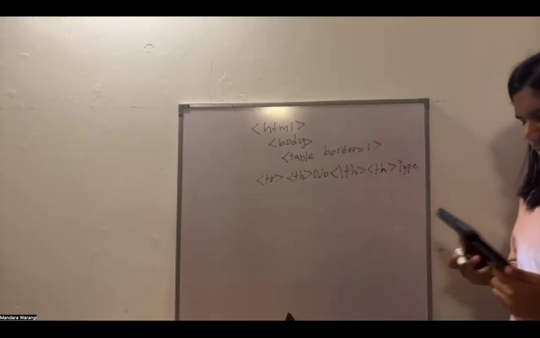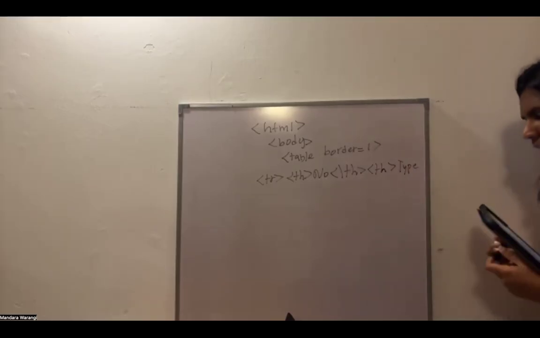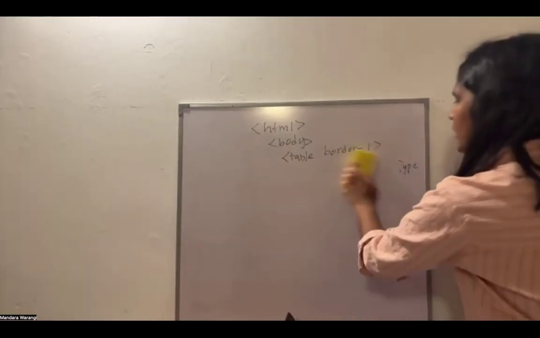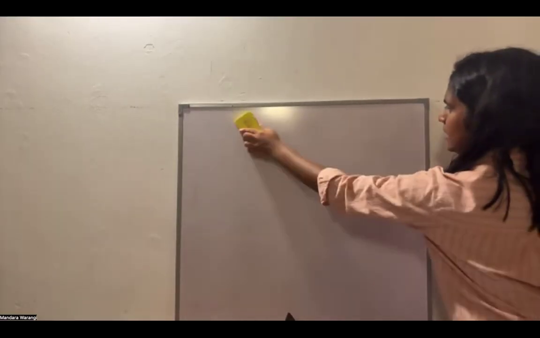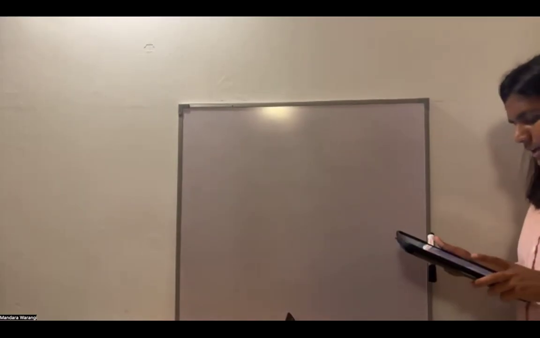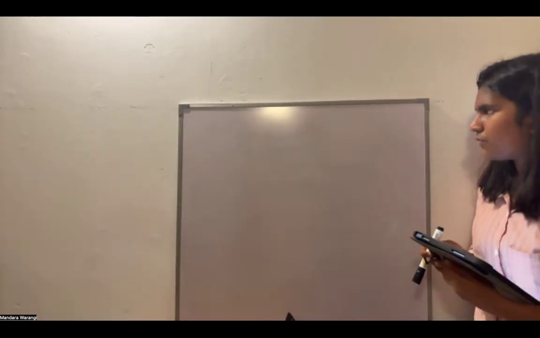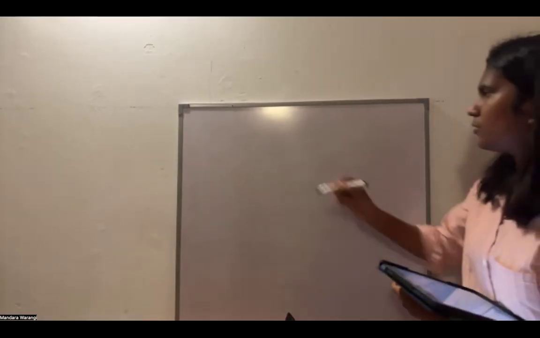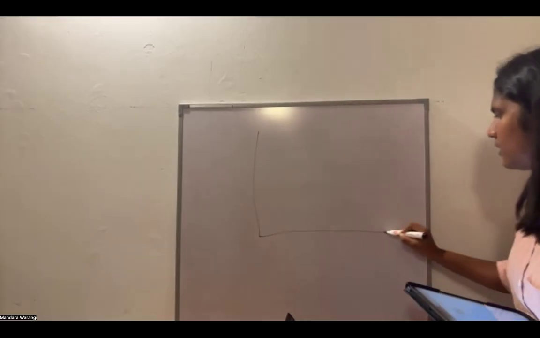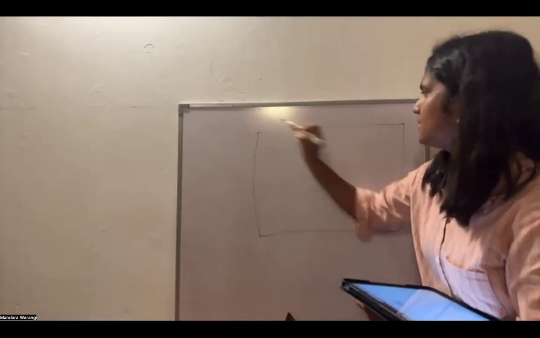So you can see the paper, right? How can we draw a table? This is a table structure. This is how a table structure is represented in HTML. So this is a table with border 1. You can draw a table like this, right?